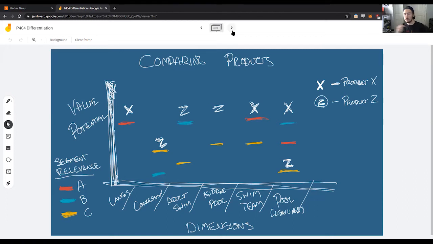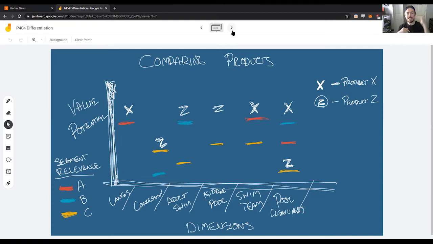But this group of, maybe let's call them independent adults, young adults, they're looking for a cool pool to go to, right? They need something that product X doesn't offer, but they also are dissatisfied with the pool cleanliness, right?